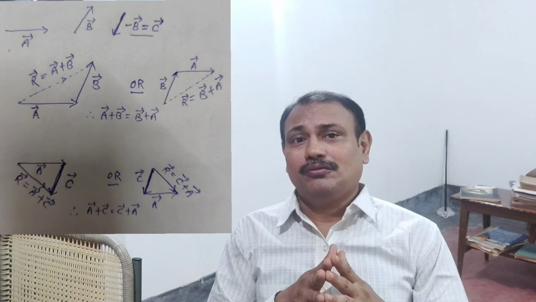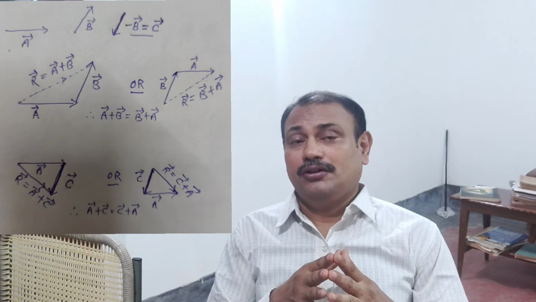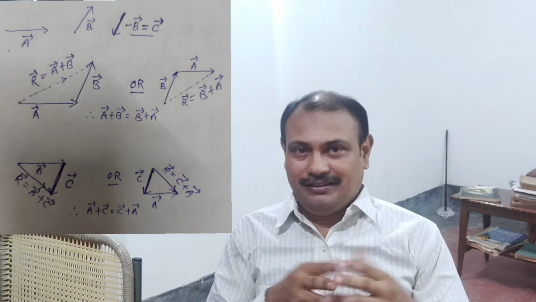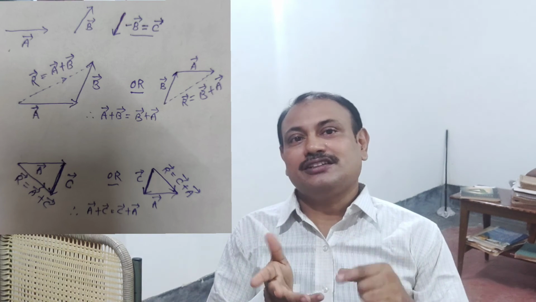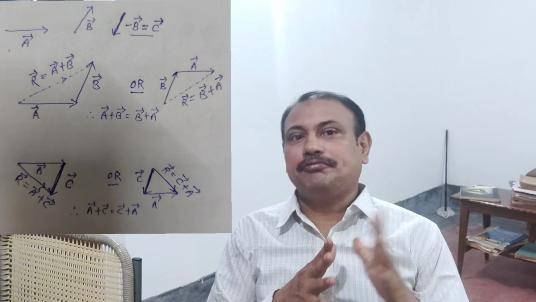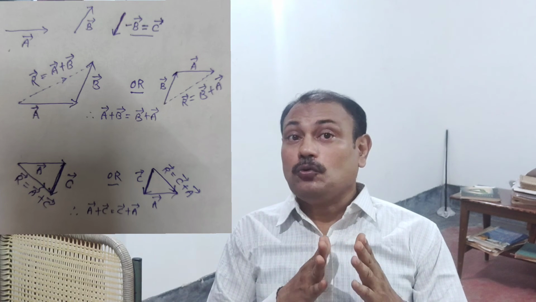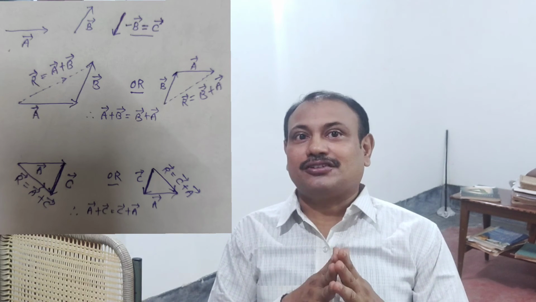And you can check now that the same commutative law is valid, because A plus C can be shown as C plus A. So therefore, the way you write vector subtraction is not a fundamental property of vector algebra, we can say.